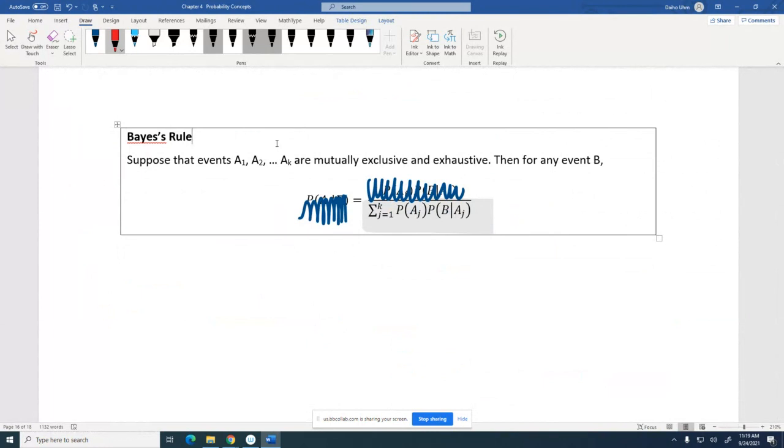Have you ever seen this sum before? Just before. Where was it? It was on the right-hand side in the rule of the total probability. Remember this? I'll show you.